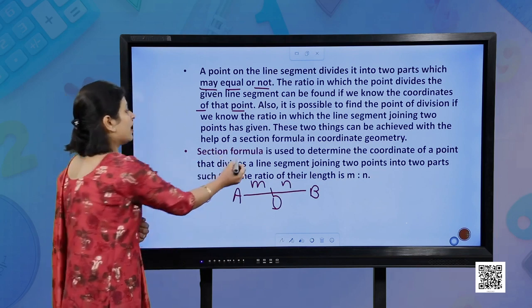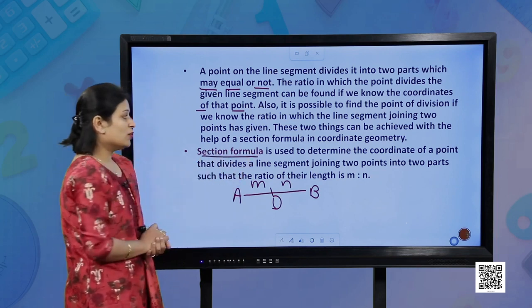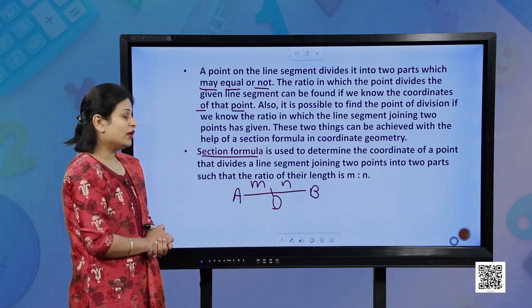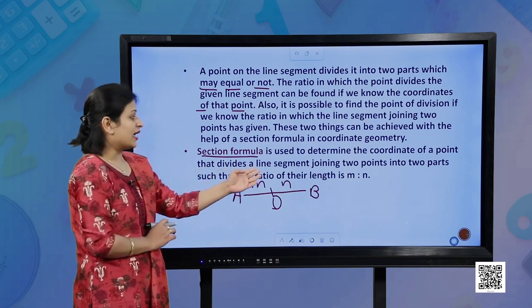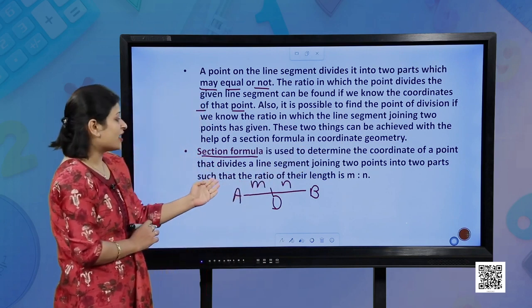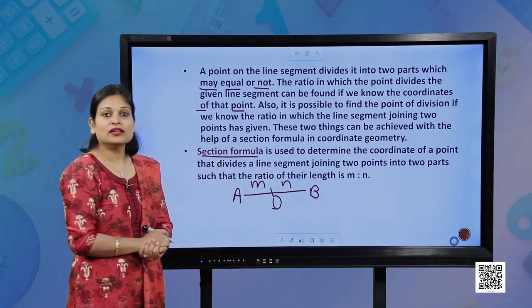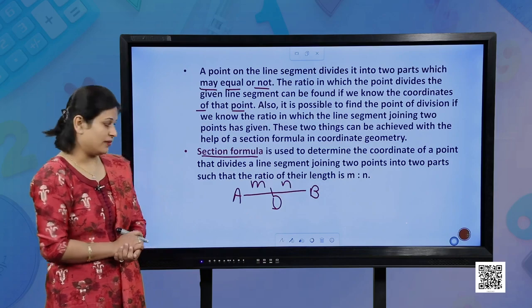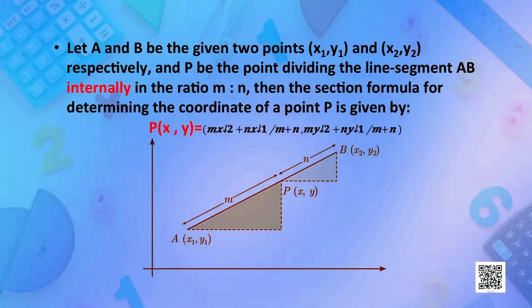The section formula is used to determine the coordinates of a point that divides a line segment joining two points into two parts such that the ratio of their lengths is m is to n. Let A and B be the given two points (x1, y1) and (x2, y2).